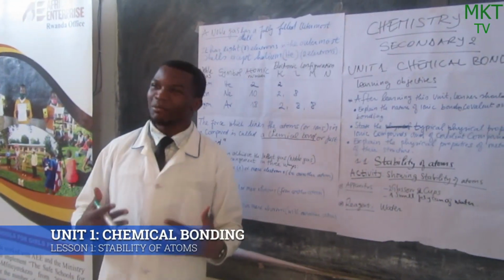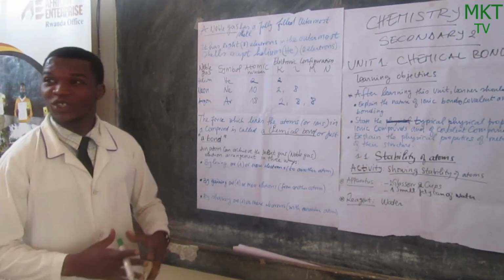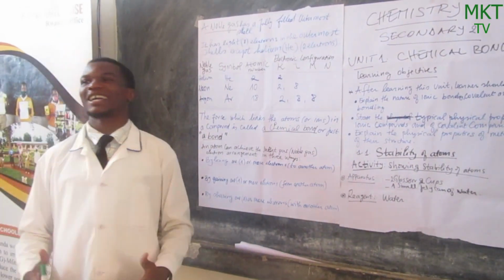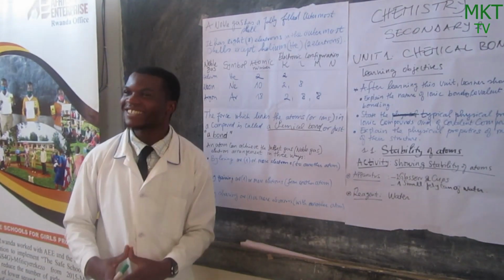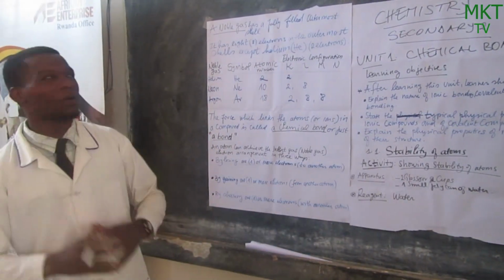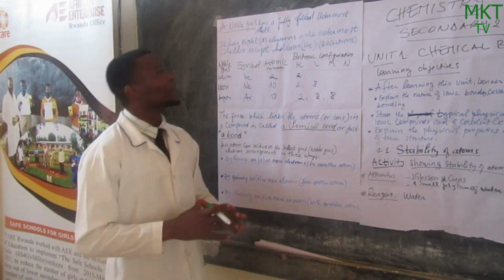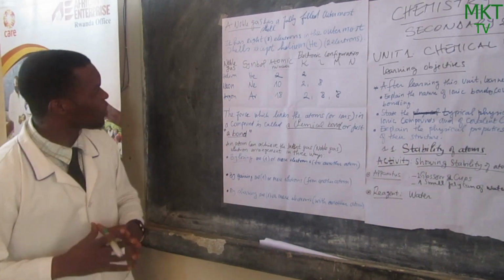Now, in the above activity, you will observe that when the glass was already filled, there was no space to add more water into it. Thus, the water in the glass remained stable. Dear student, a noble gas has a full outermost shell, like a glass full of water.